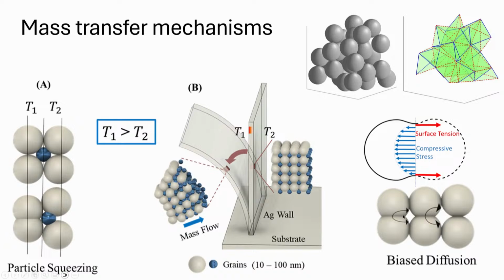The other one is bias diffusion, because on each contact we have those stresses. This is a surface tension. This is a stress which must equilibrate this surface tension, because keep in mind there are no macroscopic stresses here. You only have microscale stresses which are not self-equilibrating, but they equilibrate with surface tension.